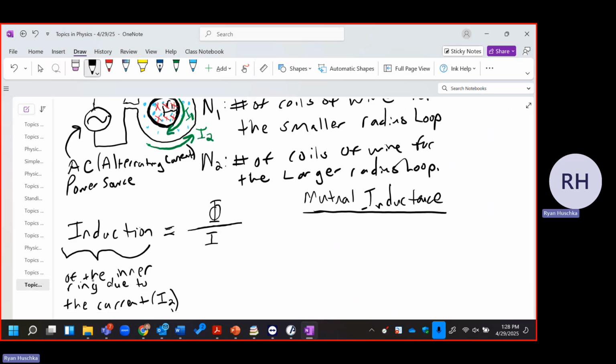So when we say we're looking at the inductance of the inner ring due to the current of I2, we'll put a little I2 right there.